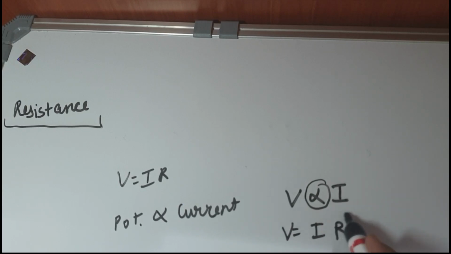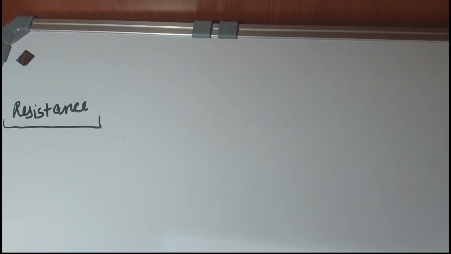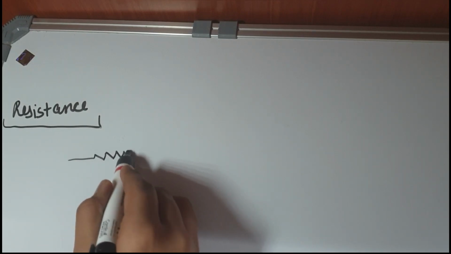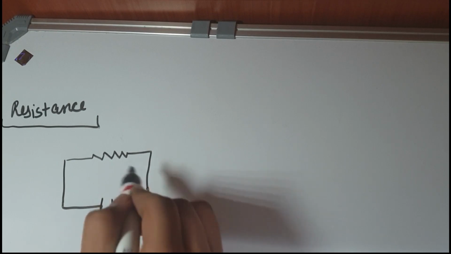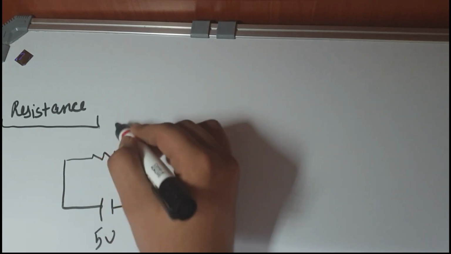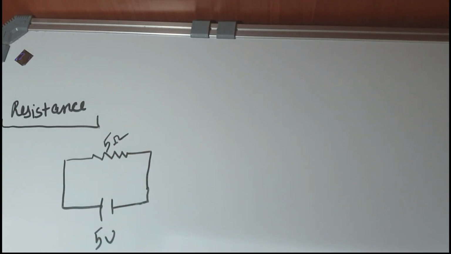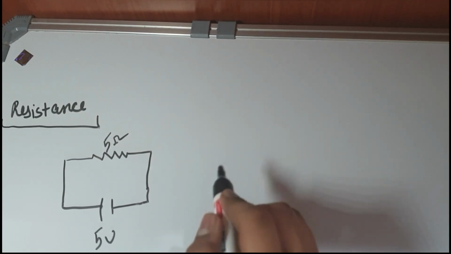I am going to explain how to find this in a circuit. So let's start. First basic example: suppose this is a circuit and there is a resistor, and we supply a potential difference of 5 volts and the resistance is 5 ohm.